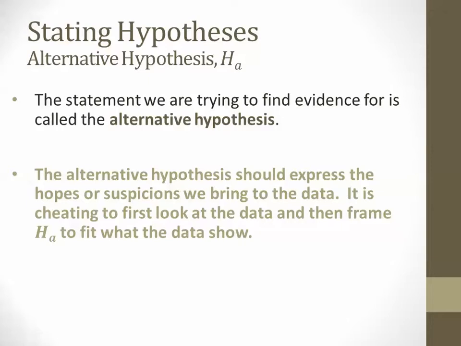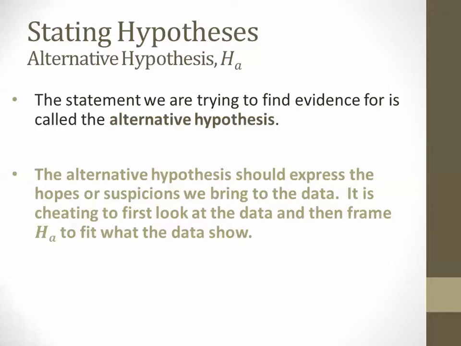Well, we would start with a null hypothesis that says the cholesterol level of these patients taking this drug is 200. And the alternative hypothesis is that it's less than. And we're hoping that we can find evidence for the alternative hypothesis because we hope that it's true.